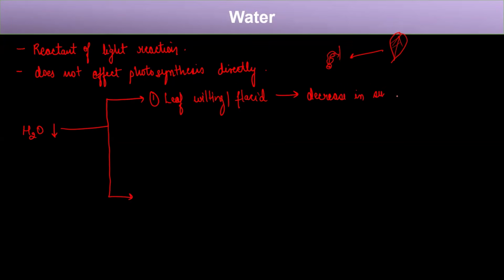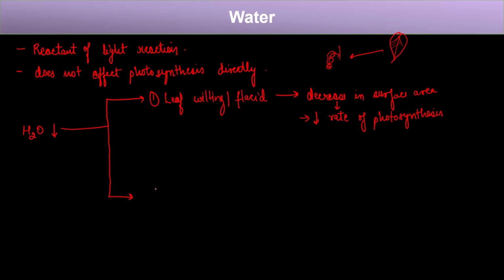Now that there is a decrease in surface area, there will be less absorption of light and less absorption of carbon dioxide, and that will ultimately lead to a decrease in the rate of photosynthesis.